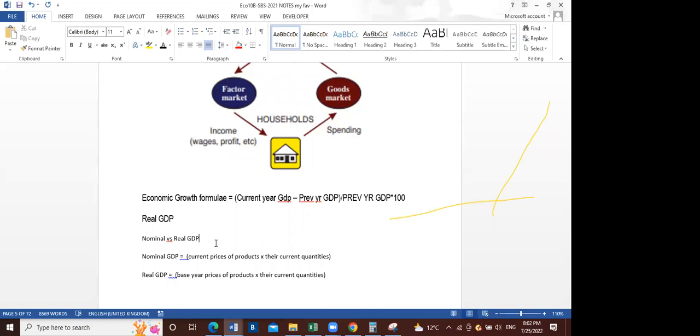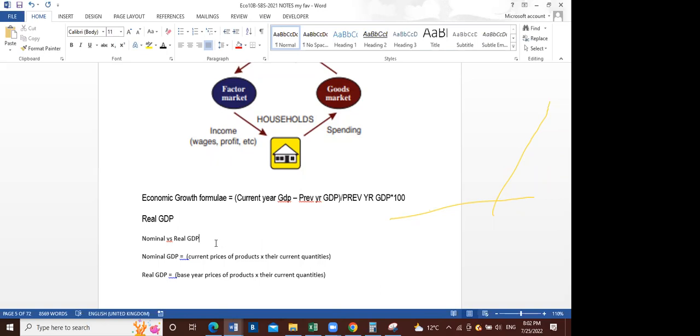So when there's inflation, it means prices are not constant, and hence the price at which you bought a particular product last year is different from the price at which you're going to be buying that particular product this year. For instance, the price of fuel: how much fuel was per liter last year, and how much fuel is today. You can see that there's a huge difference between those two prices.